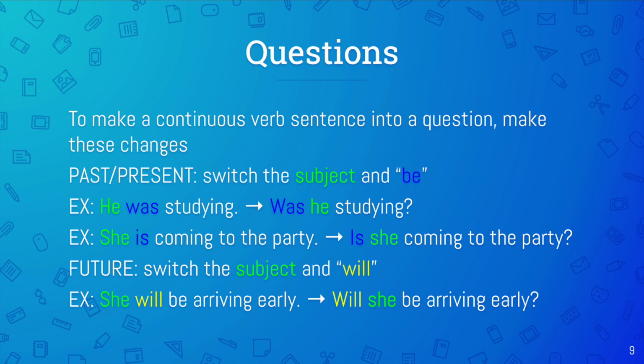But if you're asking a question, you should have your be verb first, then your subject. And for future continuous, you want to switch your subject and will. So your sentence should have will first, then your subject, then be, then your ing verb. Always in that order if you're asking a question.